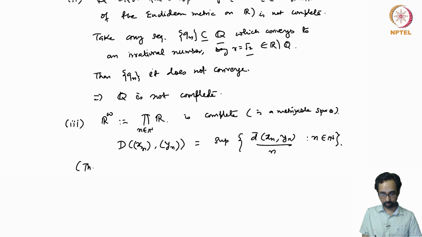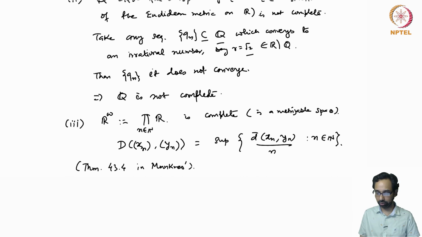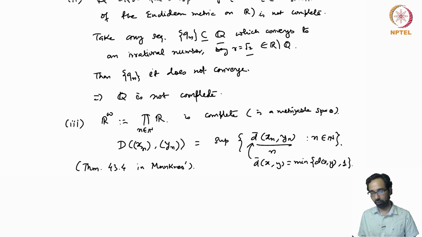This is theorem 43.4 in my edition of Munkres, and you can see the proof is quite easy. So remember here that this d bar was just the minimum of d(x, y), the usual Euclidean metric, and the value 1. So this is a complete metric space.